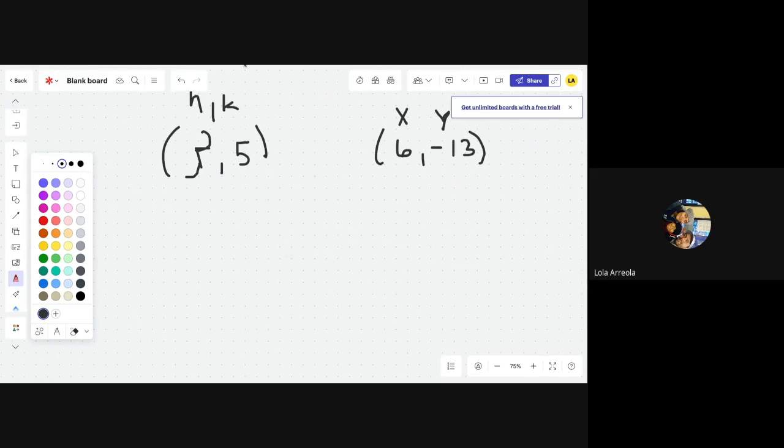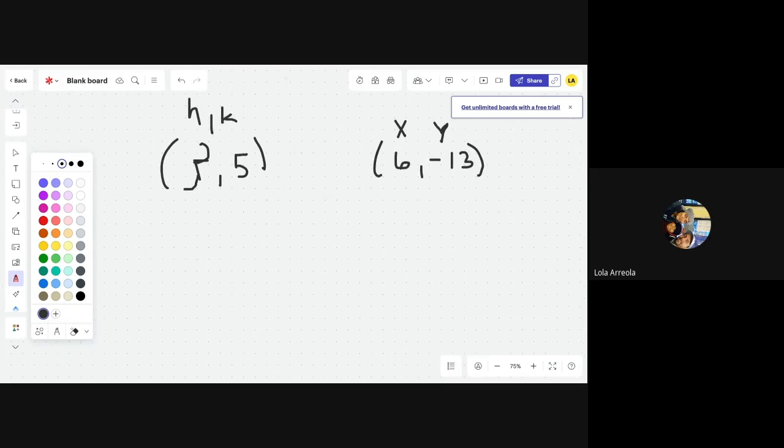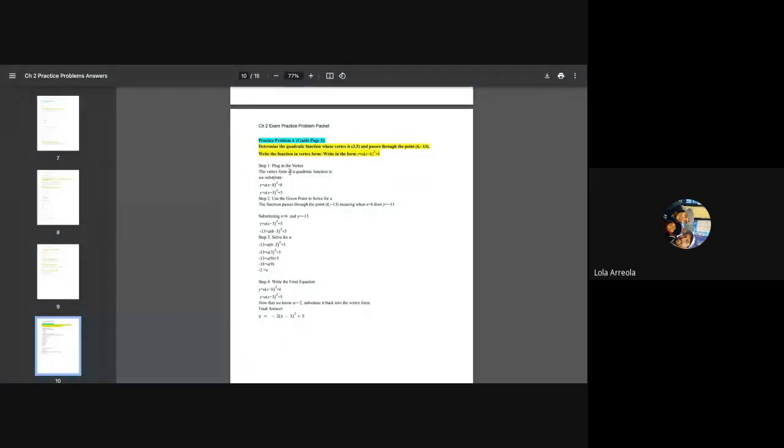We want to use the quadratic function. In order to be successful at this problem, you need the quadratic function formula. So what is the formula? The vertex form of a quadratic function is y is equal to a times (x minus h) squared plus k.